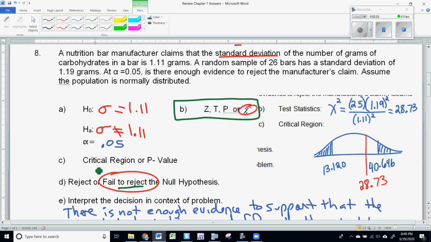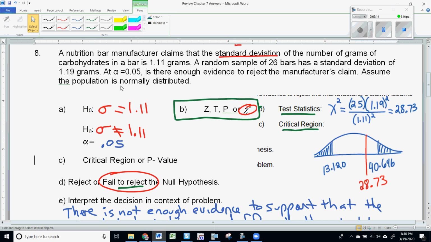Notice here as you do these problems, if it's a chi-squared, you will have a test statistic and you will have the critical region, and there is no p-value. If you have a z, t, or p test, in those cases, you have the p-value.